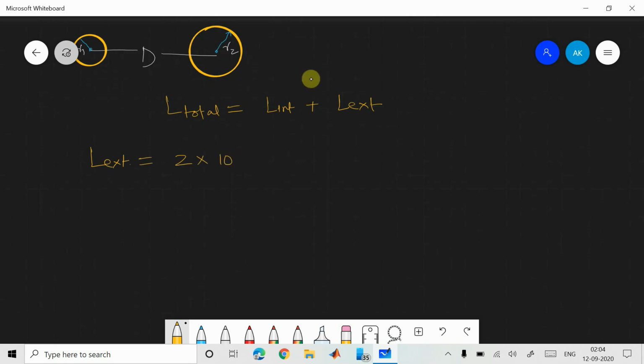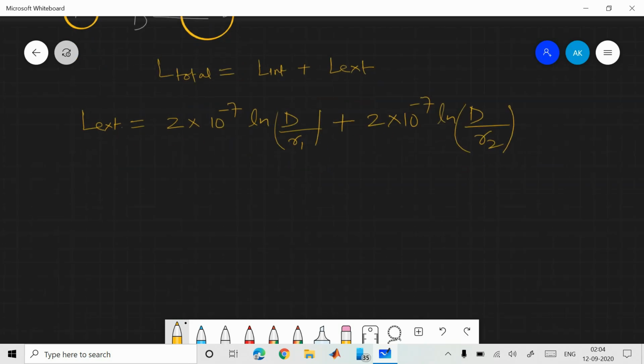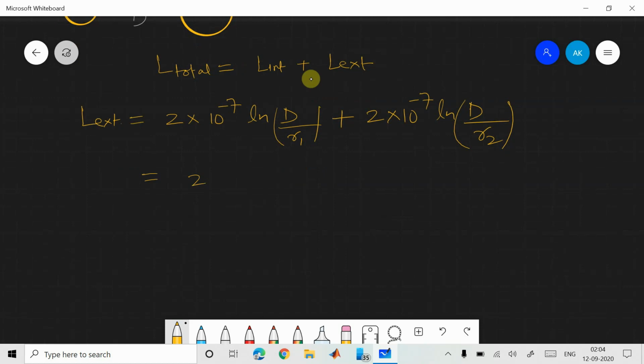For the first conductor it is 2 into 10 raised to the power minus 7 ln d by r1, and for the second conductor it is 2 into 10 raised to the power minus 7 ln d by r2. Take 2 into 10 raised to the power minus 7 as common. ln a plus ln b means ln a into b. So d into d will be d square, and r1 into r2.